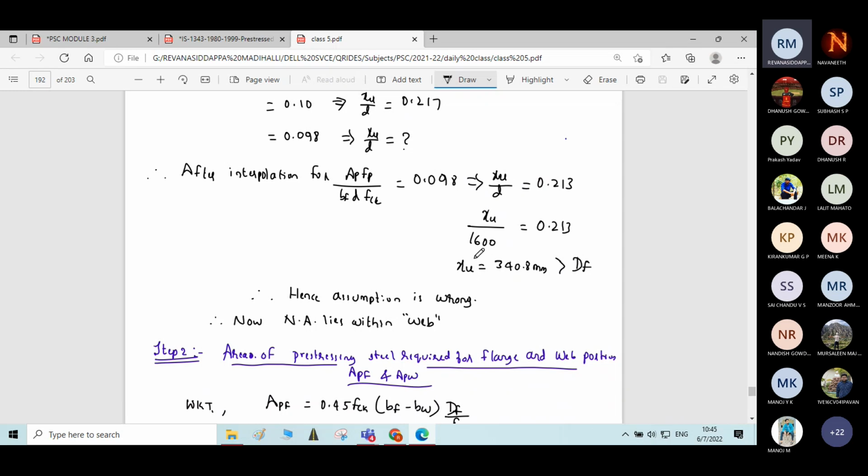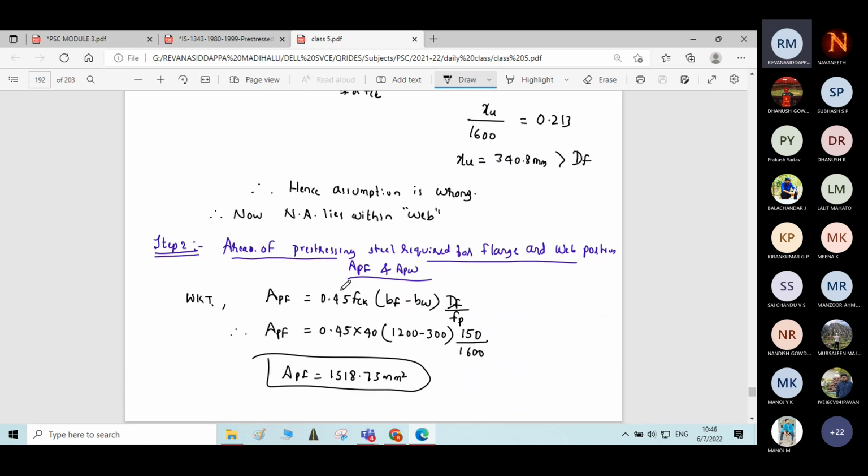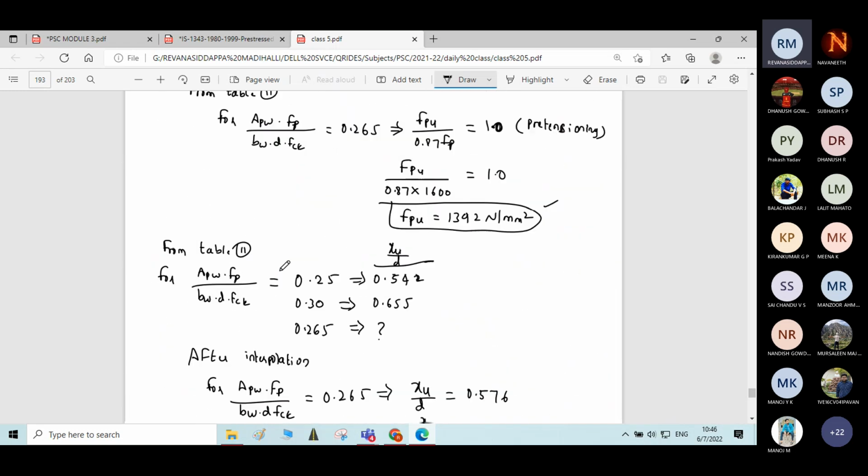By knowing xu by d, when I calculated xu, I got 340, which is greater than depth of flange. Means the assumption was wrong. Then I went for the second case and estimated the moment of resistance.